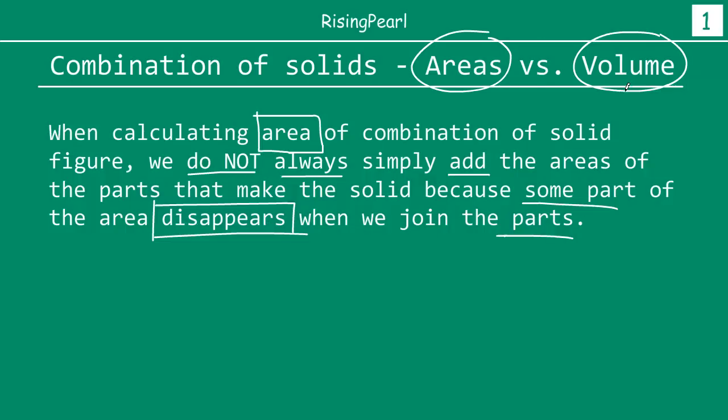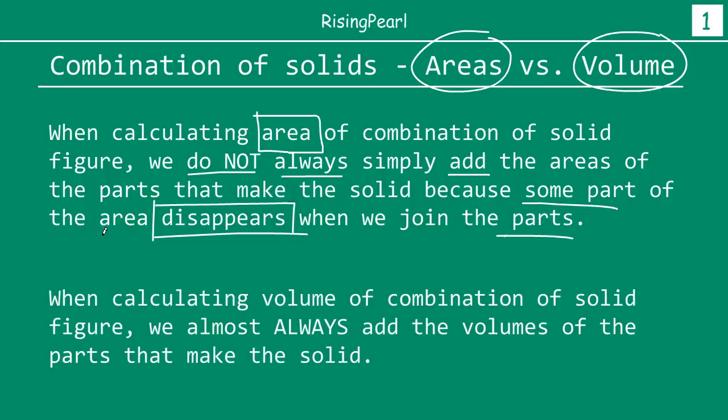So now what about the volume? When it comes to calculating the volume of a combination of solid figures, we almost always add the volumes of the parts that make up the solid.